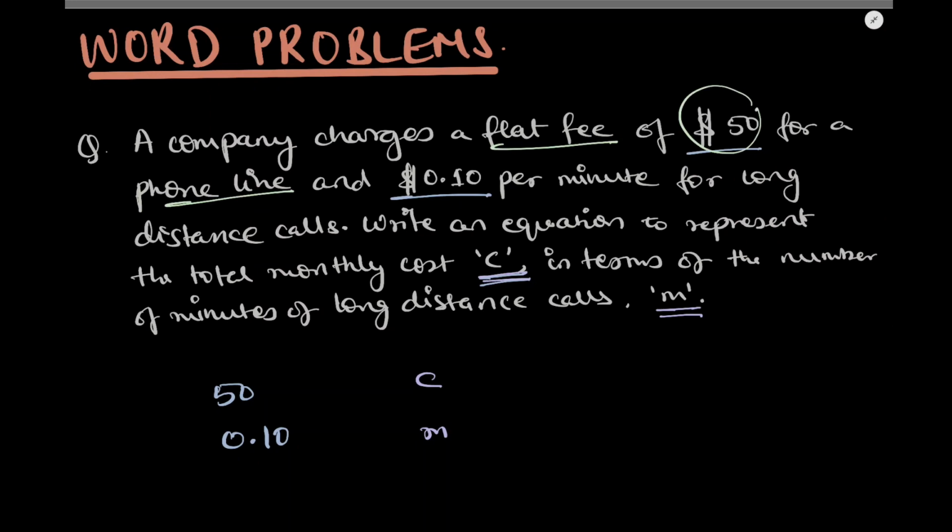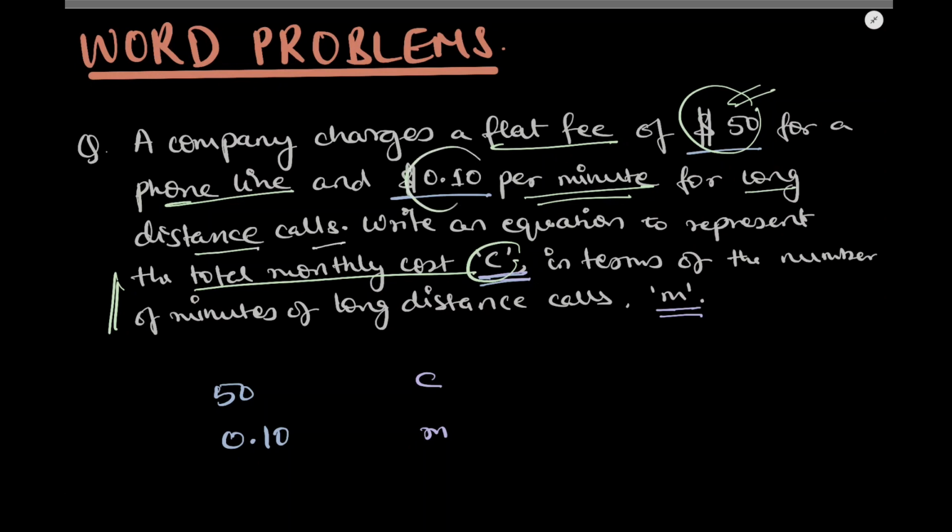After getting this information, we move on to the variables line. After we go down, we can see that the total monthly cost is C. It does not resonate with $50, so we don't do anything there. Then we move on to 0.10 per minute for long distance calls.